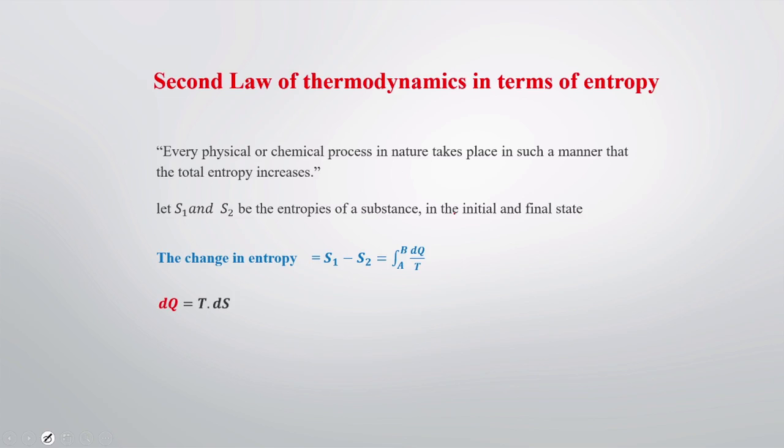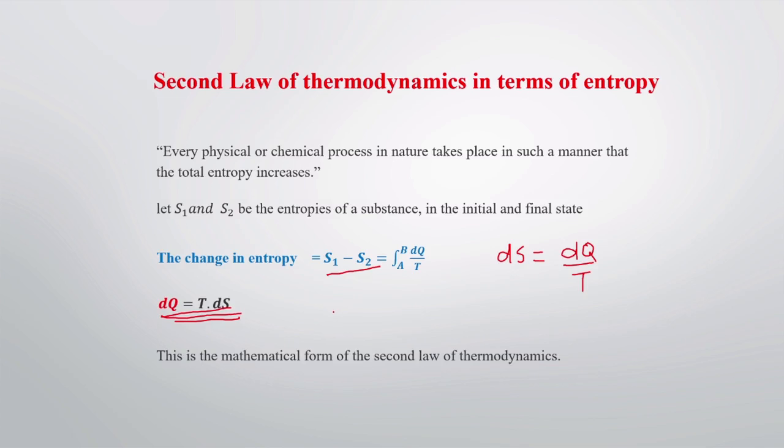So what we have done here is, instead of S1 minus S2, we are writing dS, and this is equal to, in the simple form, dQ upon T, and therefore we can write dQ as equal to T into dS. This is nothing but the second law of thermodynamics in the mathematical form. So this is called the mathematical form of the second law of thermodynamics.